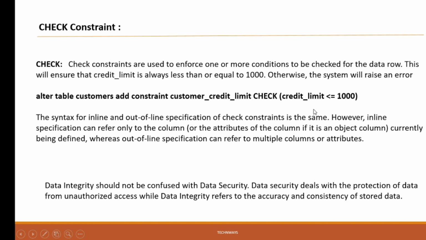So if any customer does not satisfy this, that customer will not be inserted into the table. Before inserting the record, this constraint is validated first, and only if the credit limit is less than or equal to 1000 will the customer data get inserted into the table.